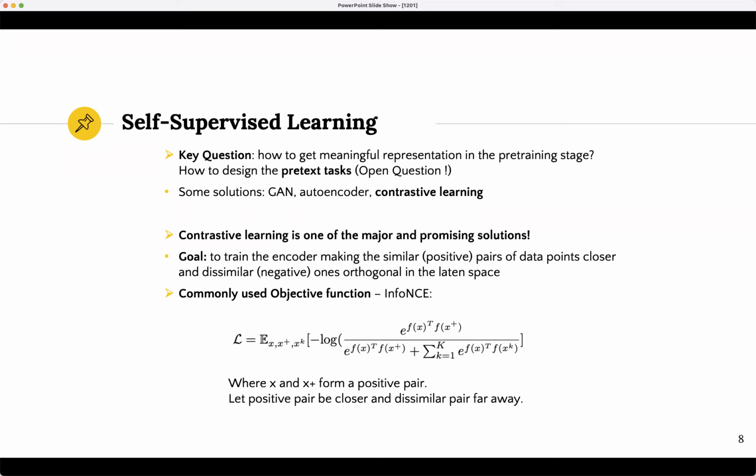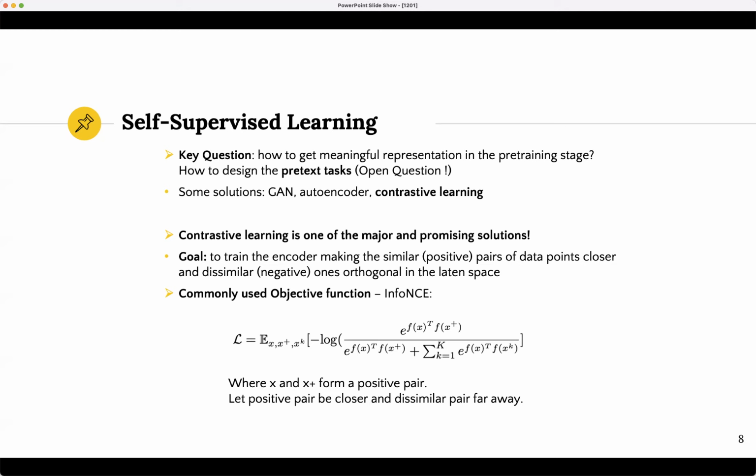From the equation below, we can see that it is a kind of variant of the softmax function involving the positive pairs and the negative pairs. For example, here x and x plus can form a positive pair. The x is the target data, and x plus is the similar one.